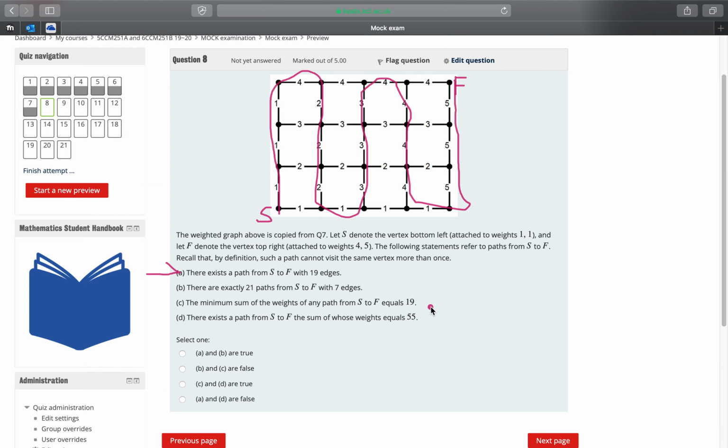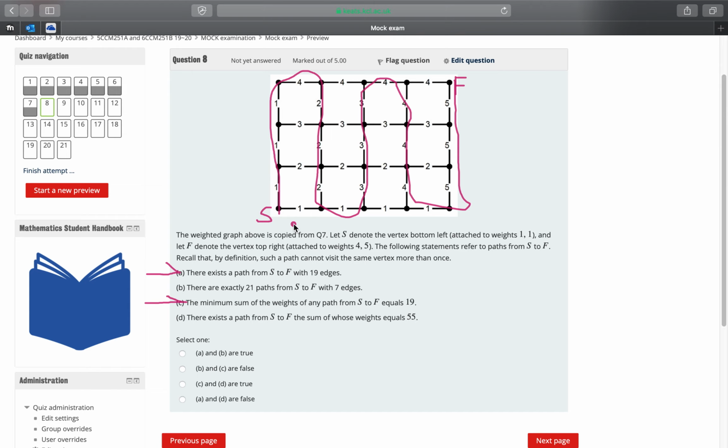But you really don't have to do that to understand that this is a true statement. The path I showed you, first the ones across the bottom, then going up, would be 4 plus 15, that's 19. Can you do it with any shorter? Shorter means taking the sum of the weights and making that as small as possible.